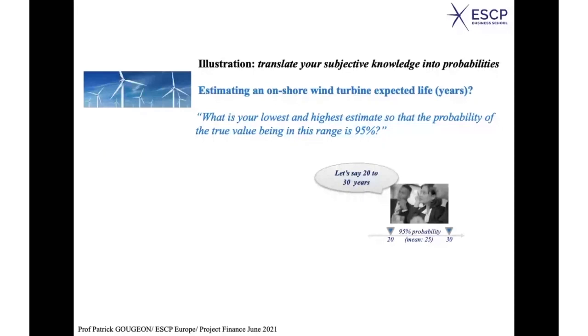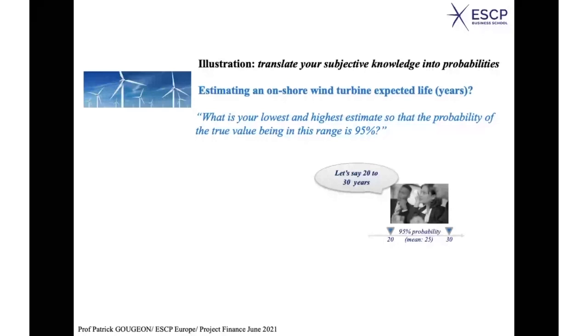Indeed, you can be out of the range. In fact, it may happen, but your estimate implicitly is that the probability of this to occur would be only 5%, 2.5% on each side, because you have 95% probability in the range between 20 and 30.